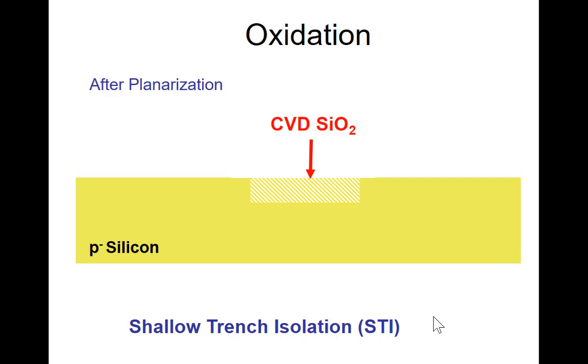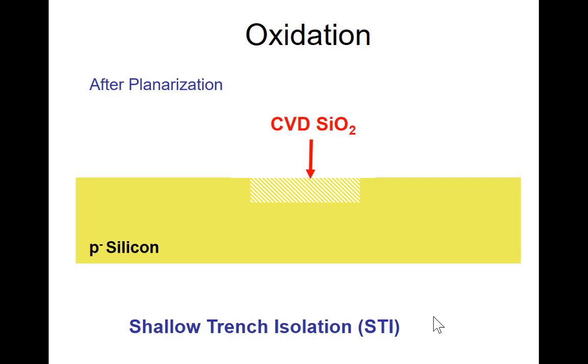If you do dry etching, then you can make the slot quite vertical. We said with wet etching you can go sideways, but with dry etching you can make it go nearly vertically down. Of course, it's not perfect. It's slightly slanted on the side.